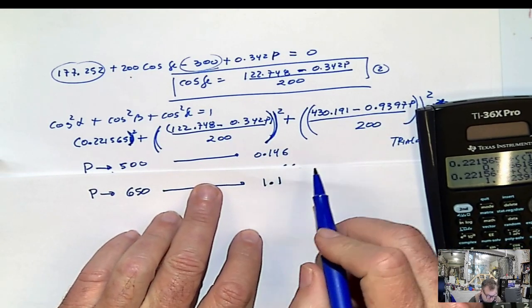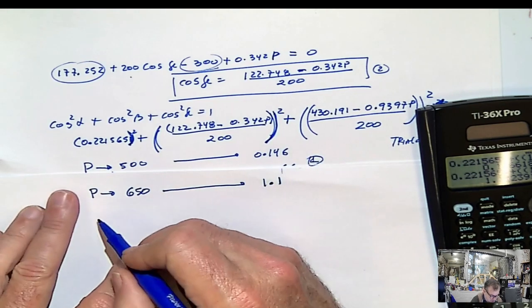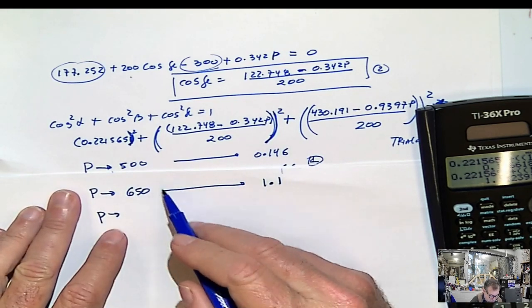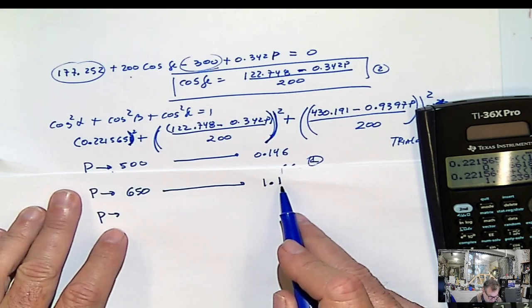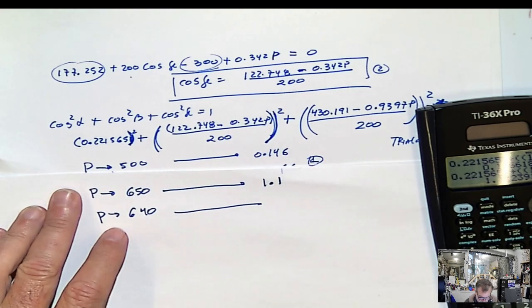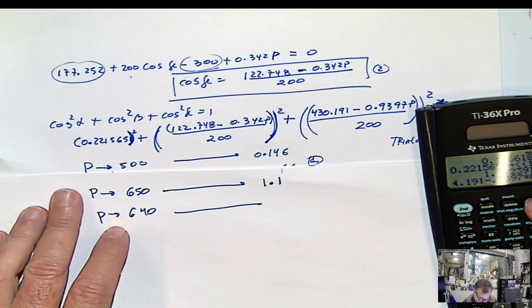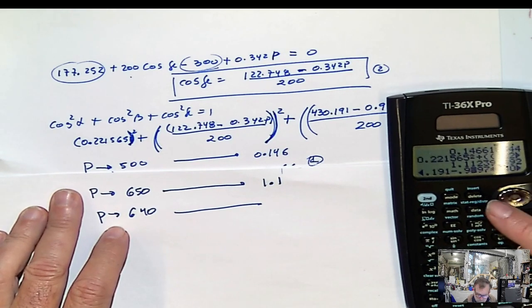That means that if we're looking for 1, it's between these two. It's closer to this one, really close. Let's say 640. Go up, enter, change 650 for 640.